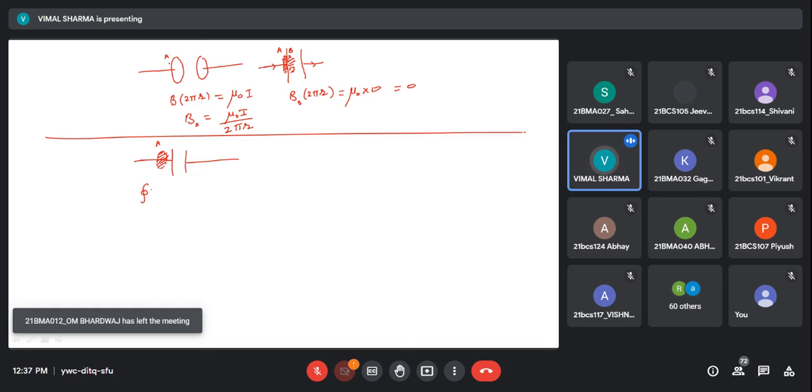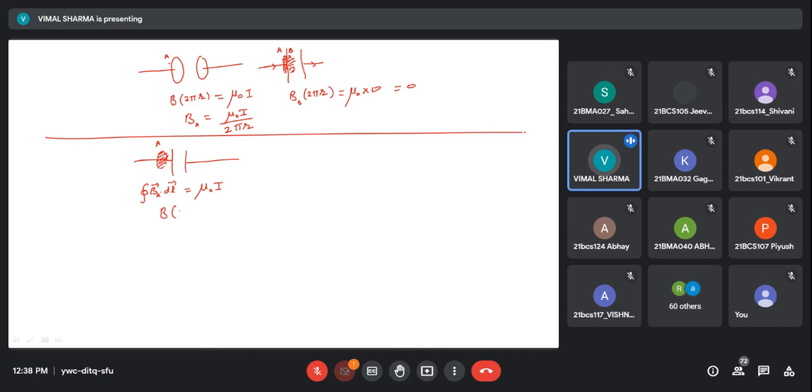I can apply Ampere's law to find the magnetic field at point A. It is B times 2 pi R equals mu naught times I, or we can write B subscript A equals mu naught I divided by 2 pi R.